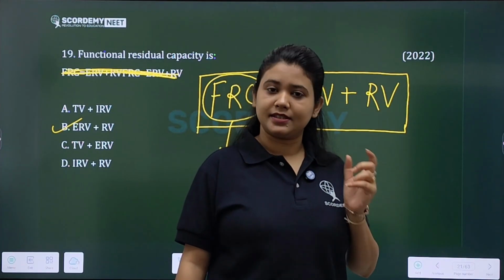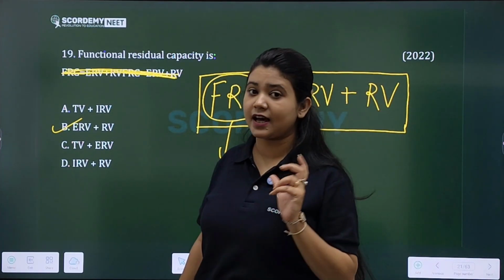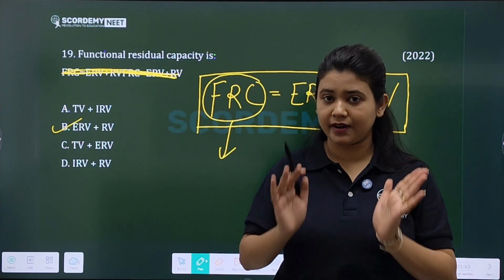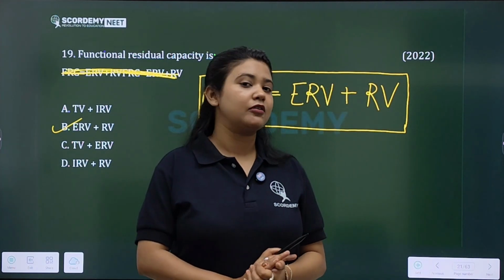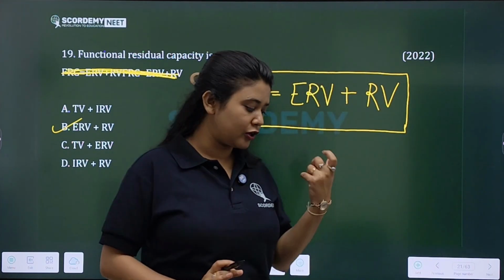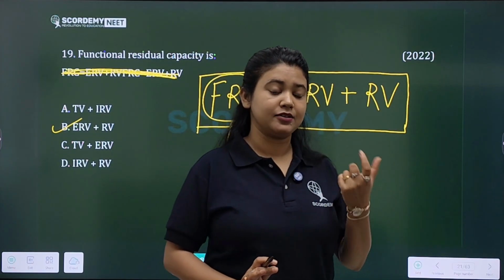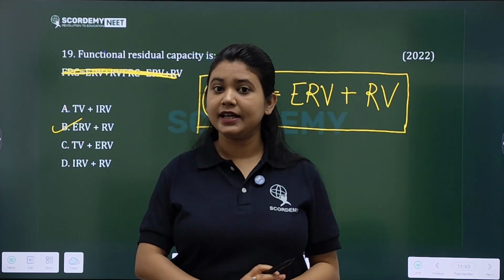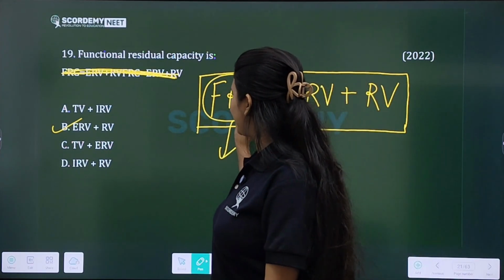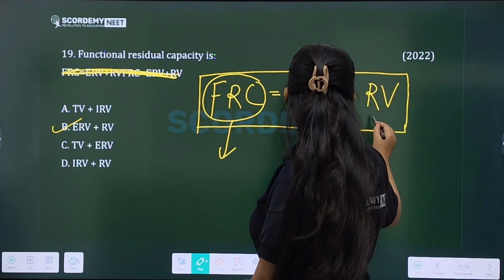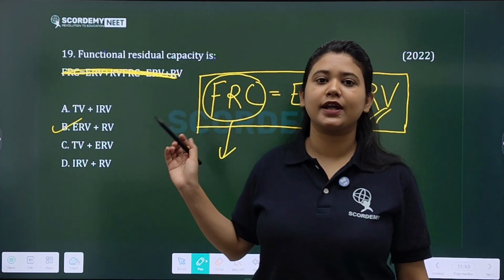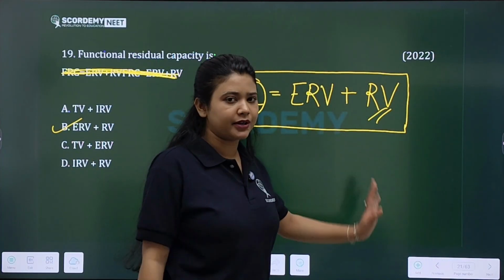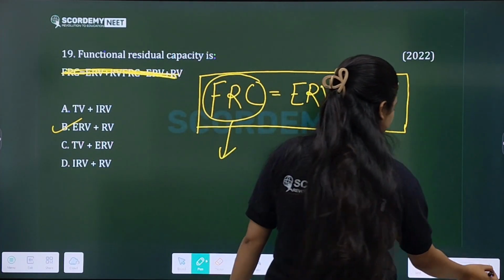Residual volume is the air remaining in your lungs after your forceful expiration. So remember, for functional residual capacity it is normal expiration, and in case of residual volume it is forceful expiration. That is the difference.